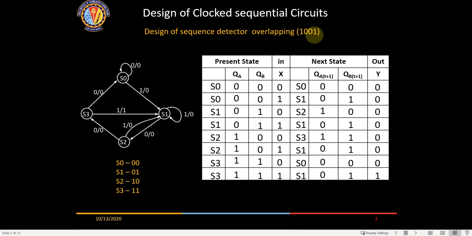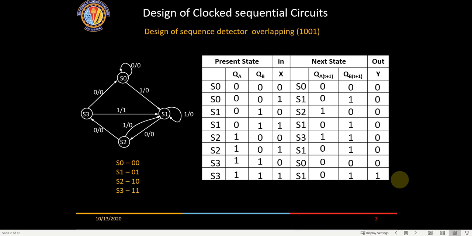When this particular sequence of binary bits was received, the output was required to go high. So we made a state chart like this, and then we made the present state, next state, and then we decided that y should be 1 when the state is S3, and then you receive another 1 as an input, so the output goes high.